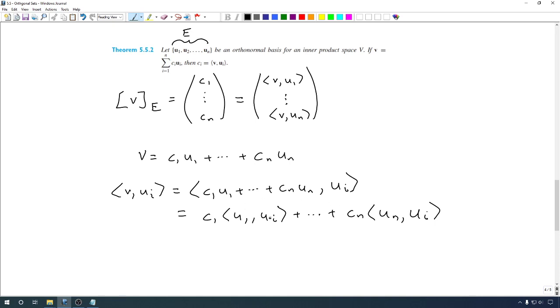And just like before, because UI is orthogonal to everything that's not UI, all those other terms go away. We're just going to be left with the ith one, Ci times the inner product of UI with itself. But of course, the inner product of UI with itself is the square of its magnitude, or the square of its norm.